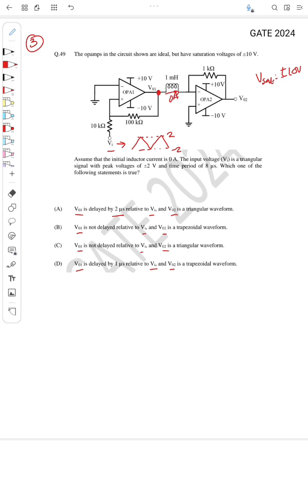V01 is the output voltage of op amp 1, and V02 is the output voltage of op amp 2. Okay, so what we will do is we will find first V01. Okay, we will find what is the voltage V01. So I will just draw the first part here.